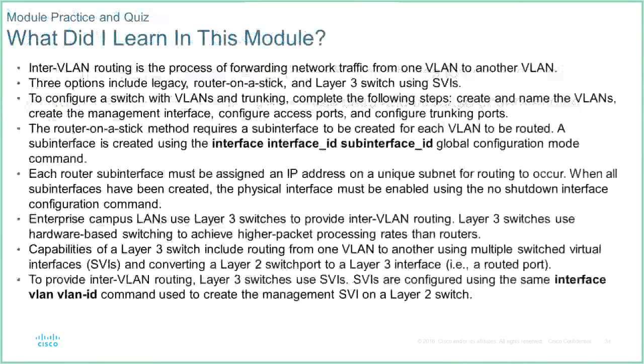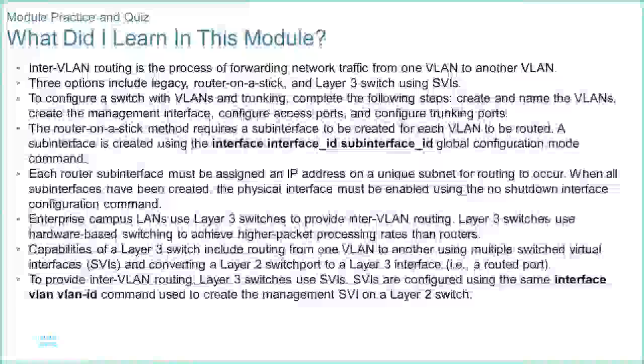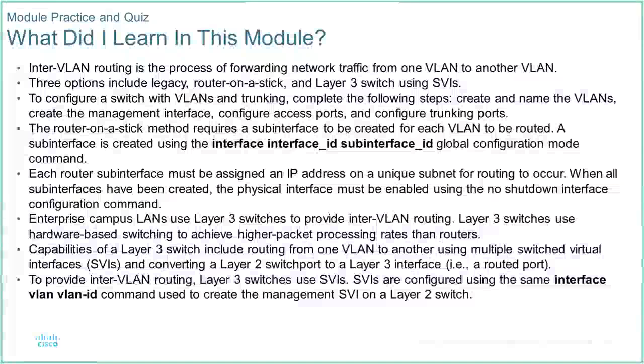So what did we go over in this module? Basically we had a look at inter-VLAN routing, how it forwards traffic between the VLANs using the options of legacy, router on a stick, or layer 3 switching using SVIs. We then went through, as a reminder, how to create the VLANs, how to set up a trunk interface, and we talked about setting up subinterfaces on a router.